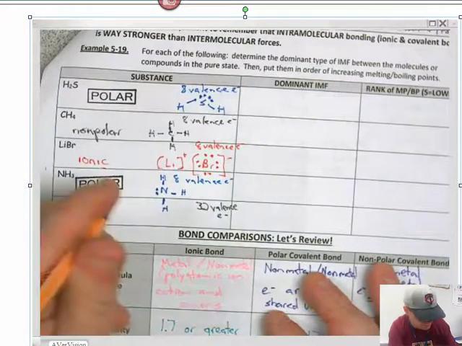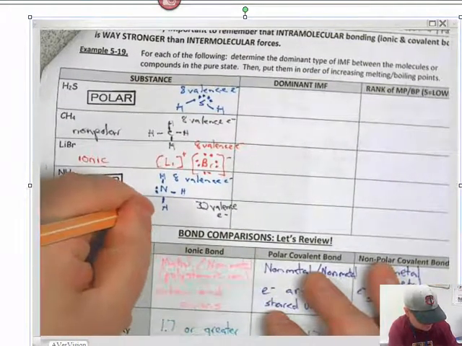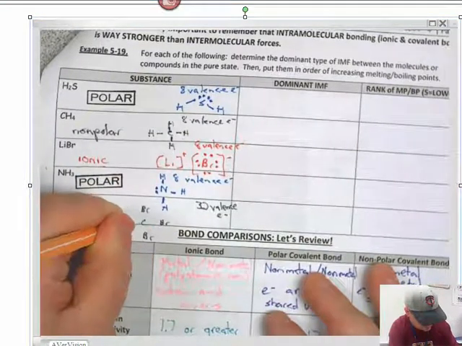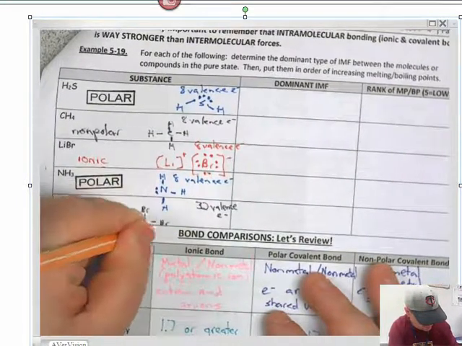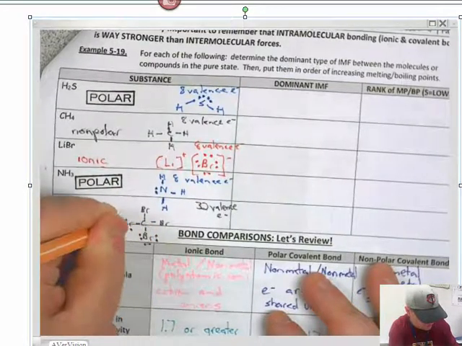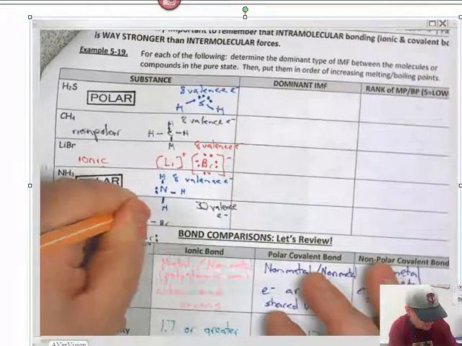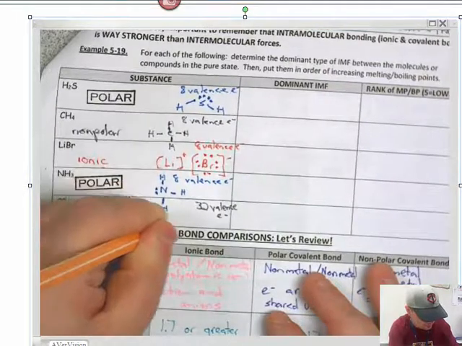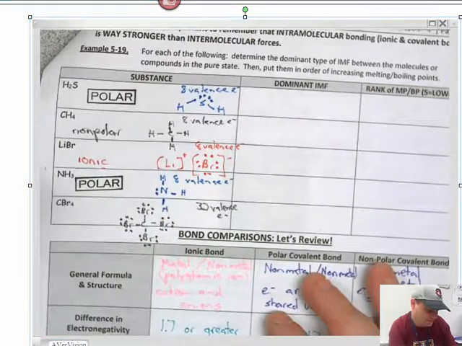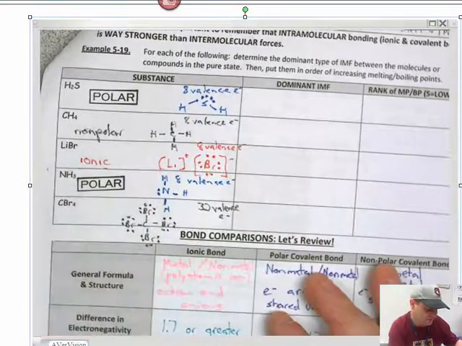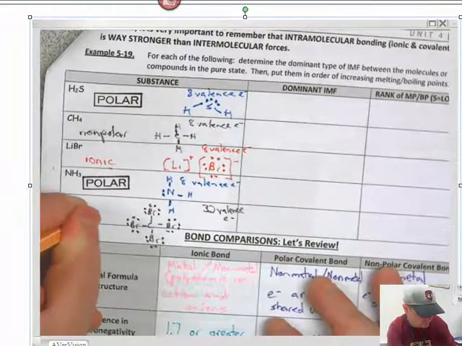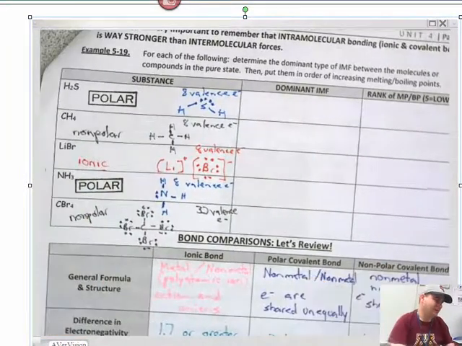Okay, so this is the C with the Br, the Br, the Br, the Br, line, line, line, line, and then you put the dots around here until you get to 32, and then make sure everything has 8, and the carbon in the center has to have 8 as well. This one, there are no dots on the center, and it is symmetrical, so this is non-polar. Okay.